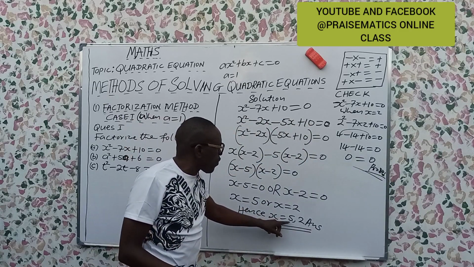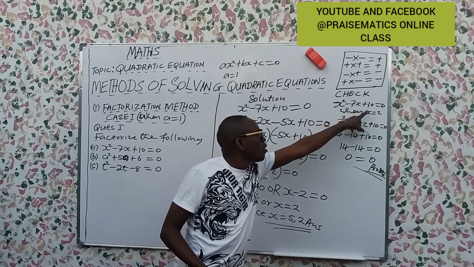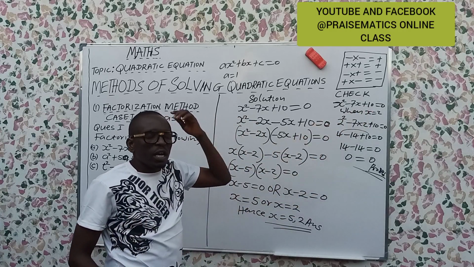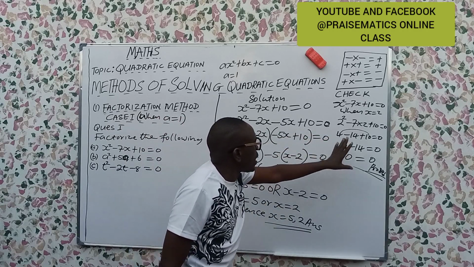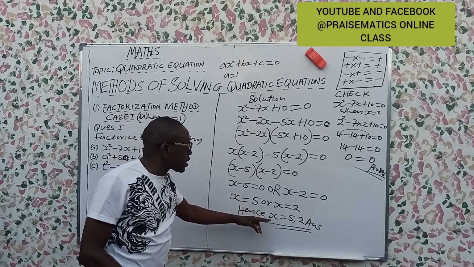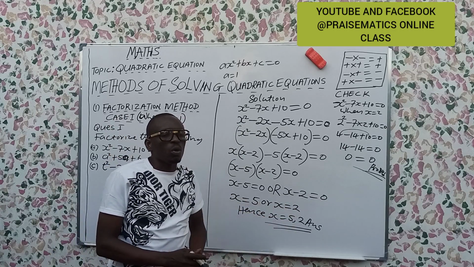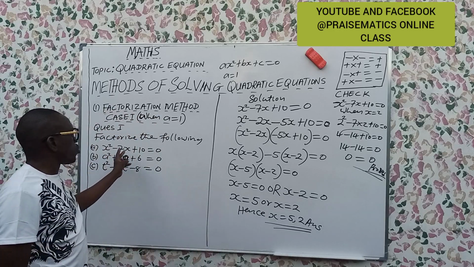Even if you substitute 5 here, 5 squared minus 7 times 5 plus 10, you will still get 0. So the left hand side is equal to the right hand side. Hence x equals 2 and x equals 5 are the solutions to this question, solution A.